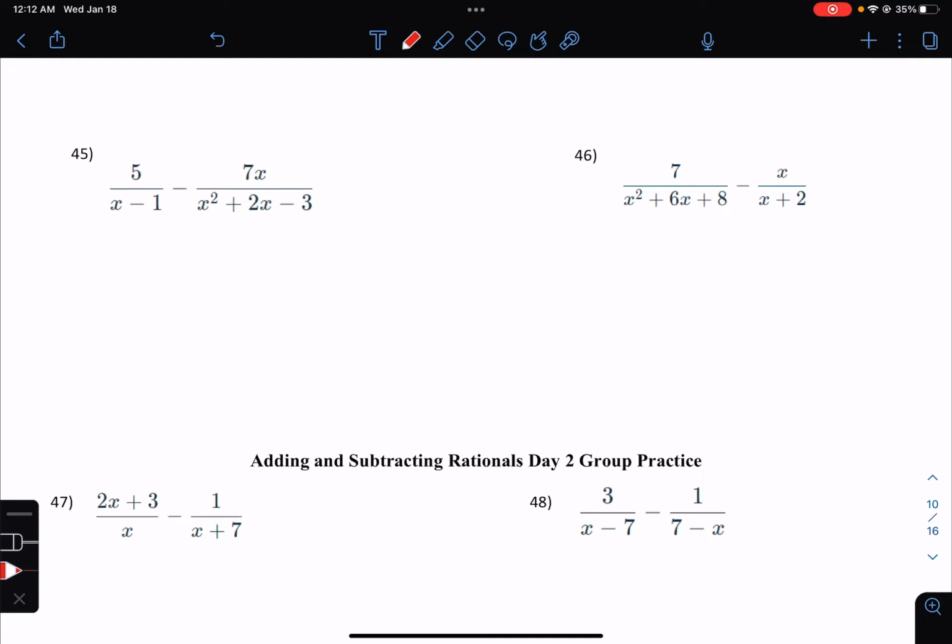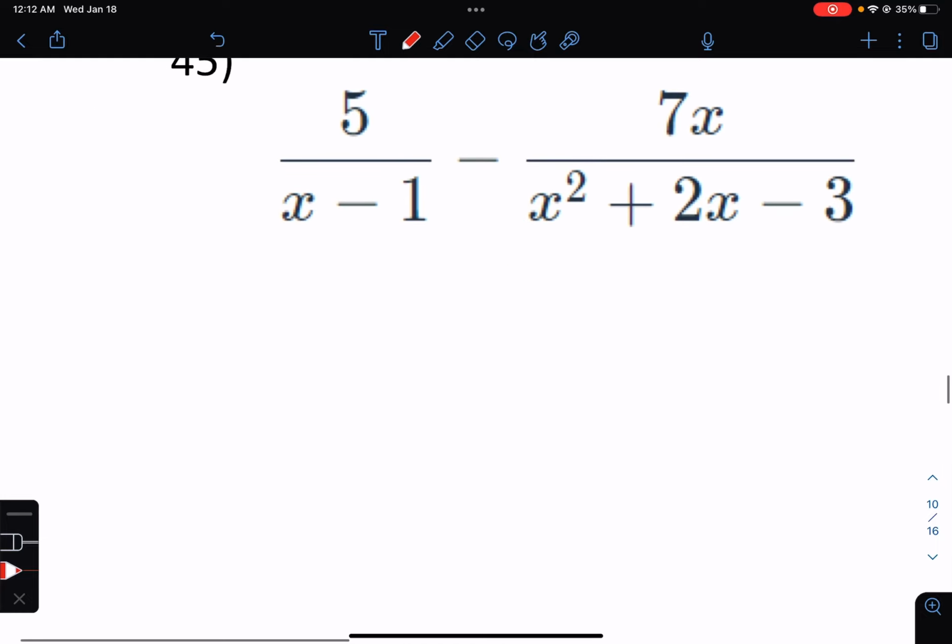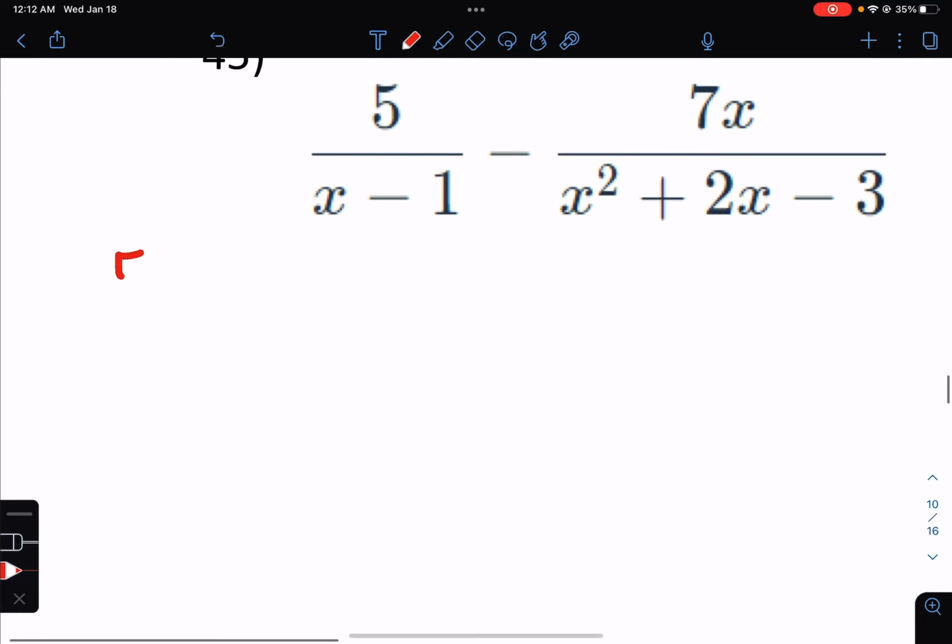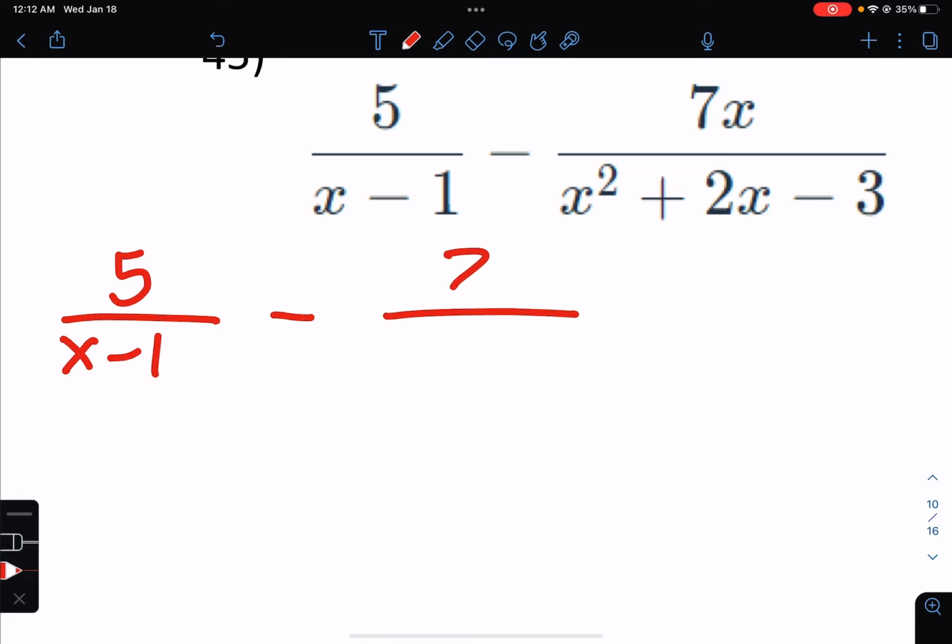Let's take a look here at number 45. All right, so we've got this guy, which we can't factor. However, this guy here we can. What multiplies to negative 3 adds to 2? That is going to be x plus 3, x minus 1.